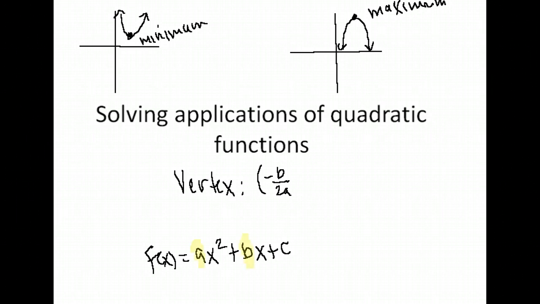Those are just numbers when we get to an actual problem. Okay, so don't be concerned. The y value of our vertex, we just plug that back in, so it would be f of negative b over 2a. Whatever you get for the x-coordinate, you just plug it back into your function to find. Okay? So this is our x for maximizing or minimizing, and this is our y, or our result.